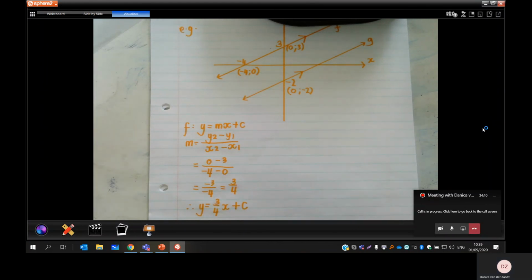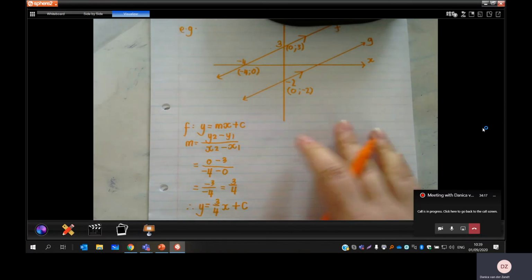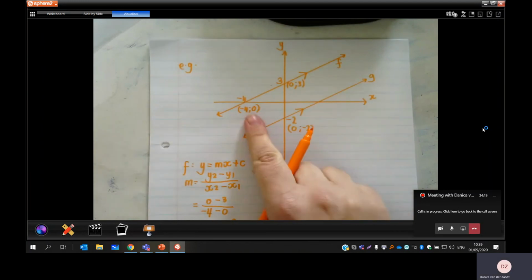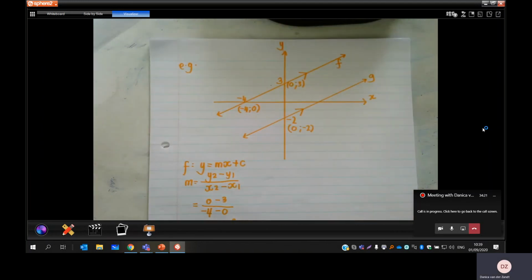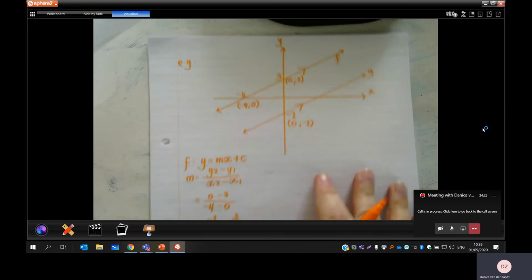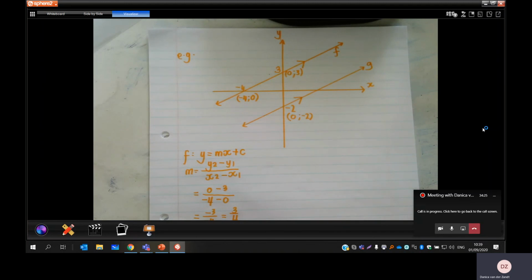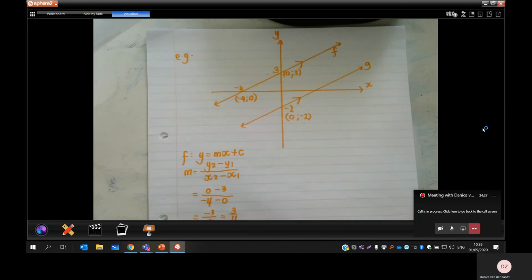c. Now I just need to substitute in a point. Which point is going to make my life easier? Negative 4 and 0 or 0 and 3? 0 and 3. So 3 for y. Timesing by that 0 means this whole term becomes 0.